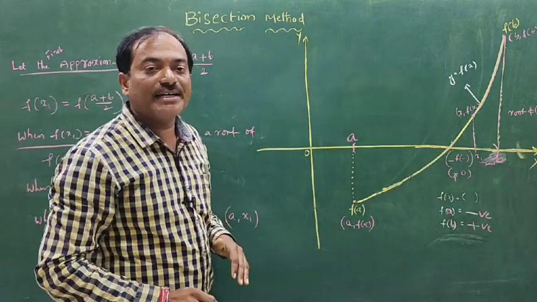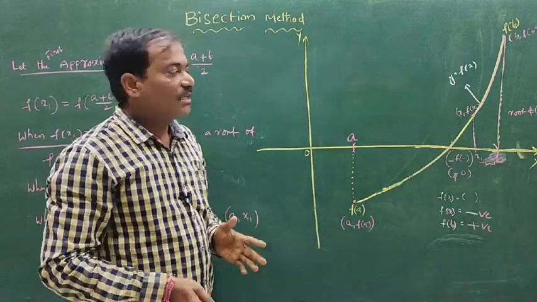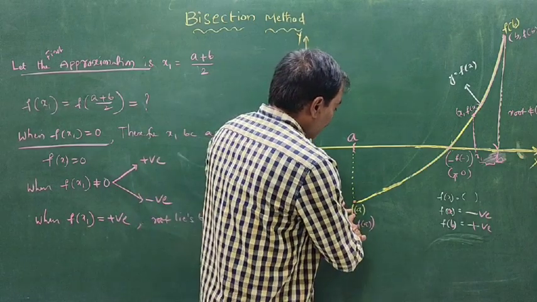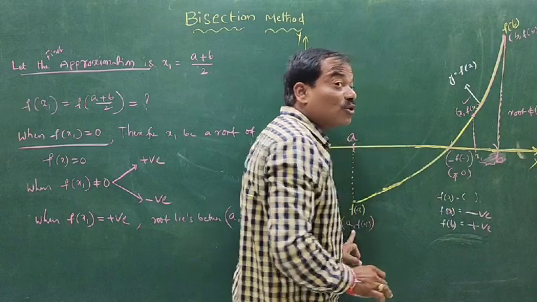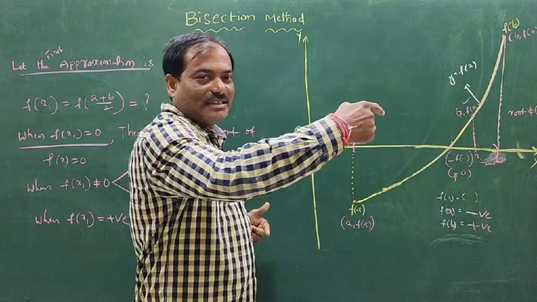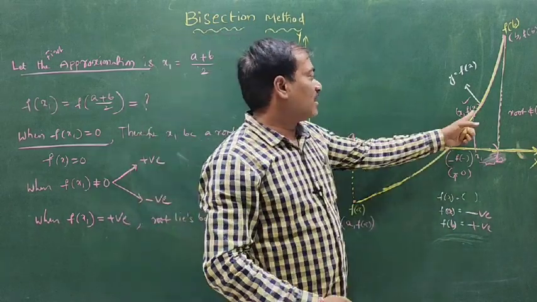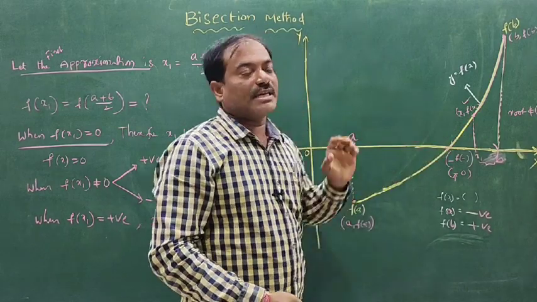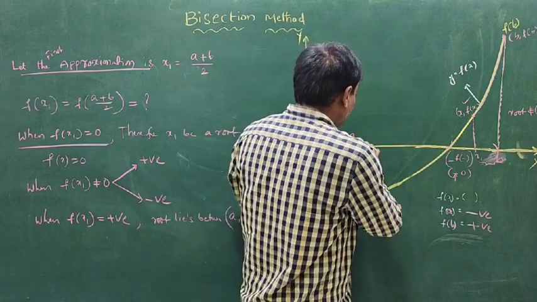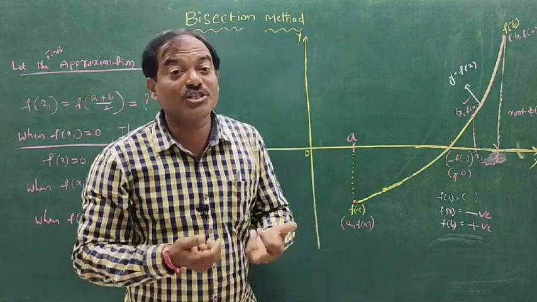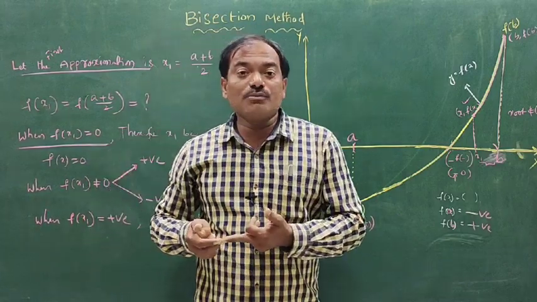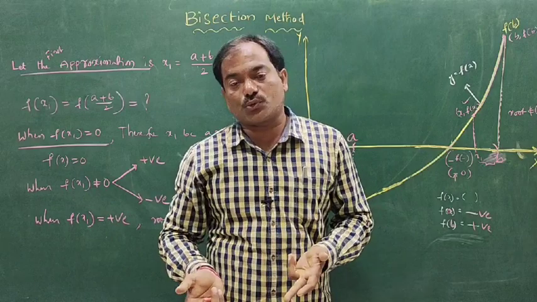Now we have to find the second approximation. Here f of a is negative and f of x1 is positive, so again the function values have opposite signs. Therefore the root is in between a and x1. So what is the next approximation? We assume the next approximation is x2.